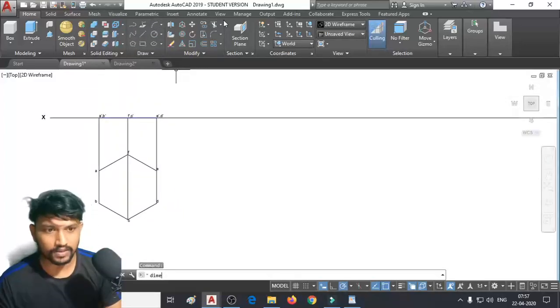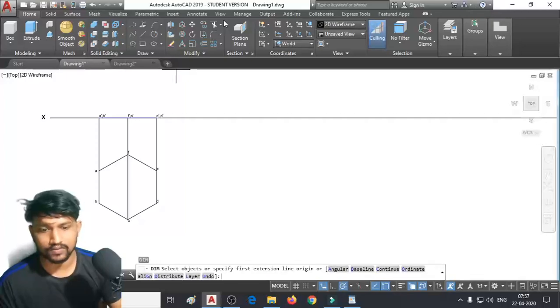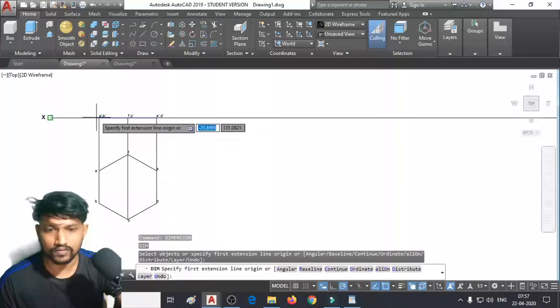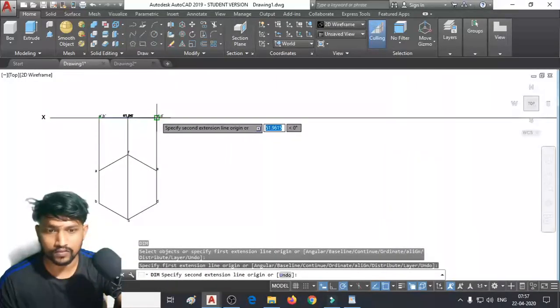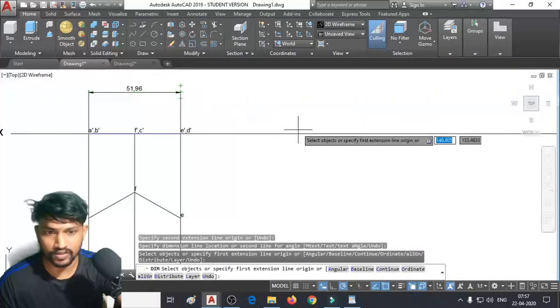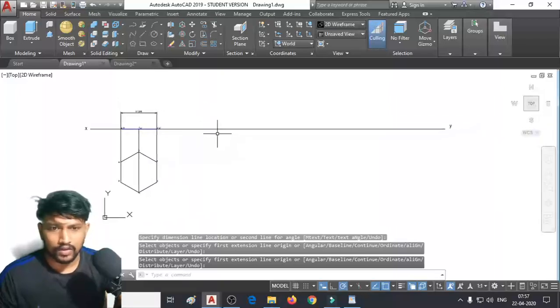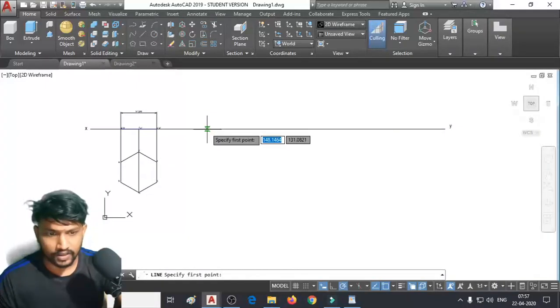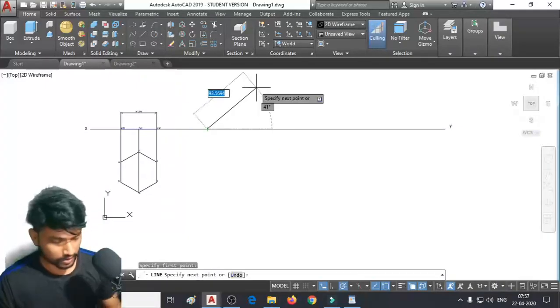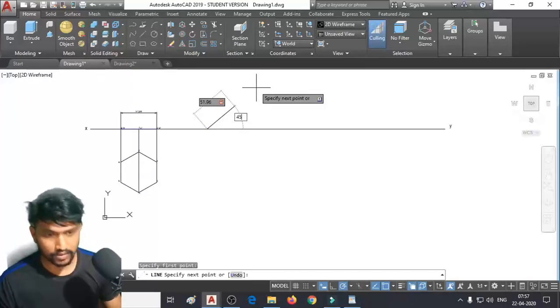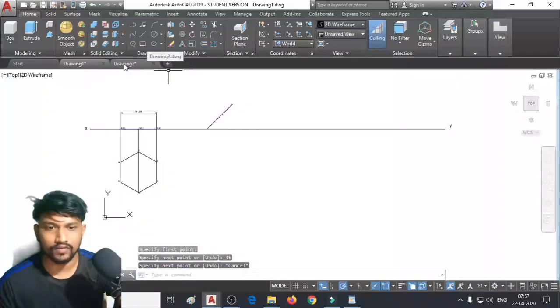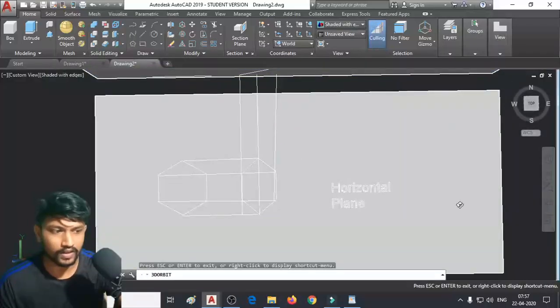So let me measure the dimensions. 51.96, correct. Now I'm going to take a line of 51.96 at 45 degrees, this particular line here.